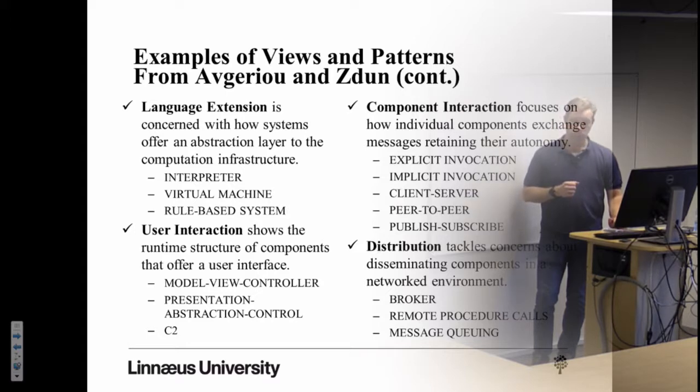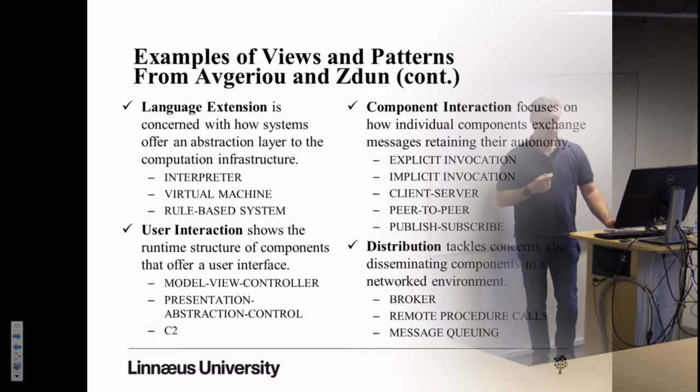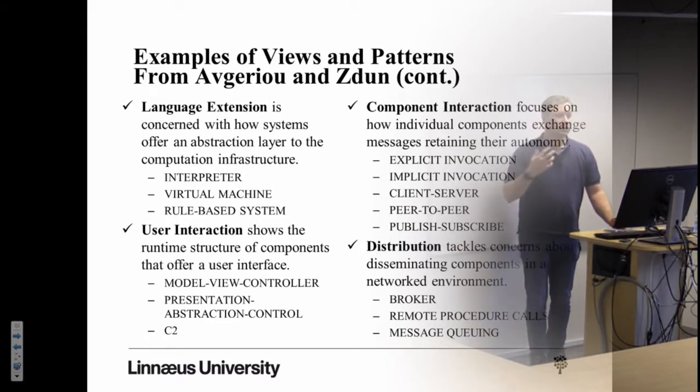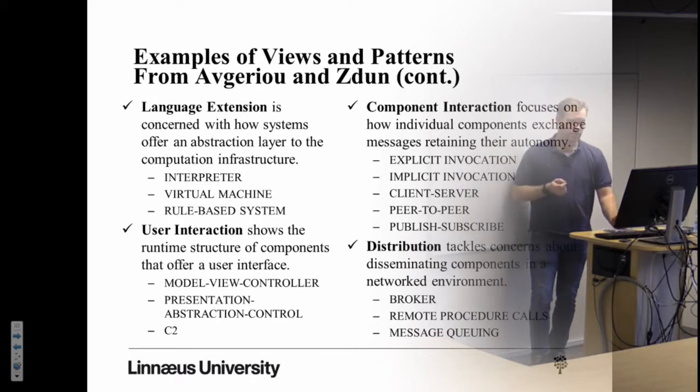Okay. Two options, or in this case, three. I believe that you guys don't know what C2 is, but that's an architecture pattern which can be quite a good decision here. But model view controller, I believe most of you have heard about this. Presentation abstraction control.